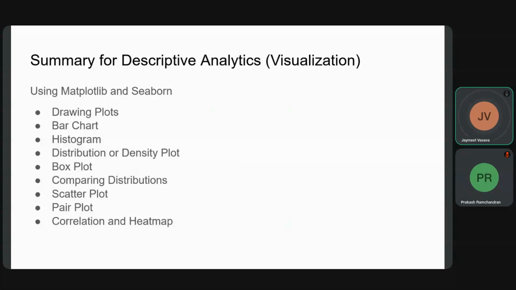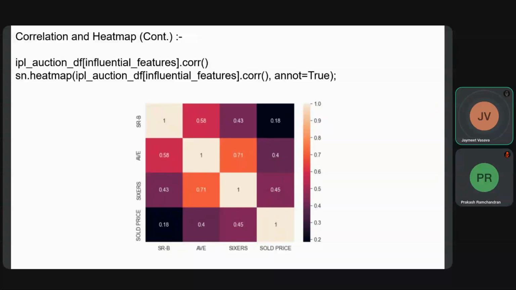We discussed bar plots, histogram, the distribution or density plot called displot, then box plots and interpreting them, comparing the distributions using the hist plots and the dist plots. Then we talked about scatter plots to compare two variables, pair plots to compare more than two variables. And in the end, we used the correlation that can exist within the variables and also generated the heat map like this.